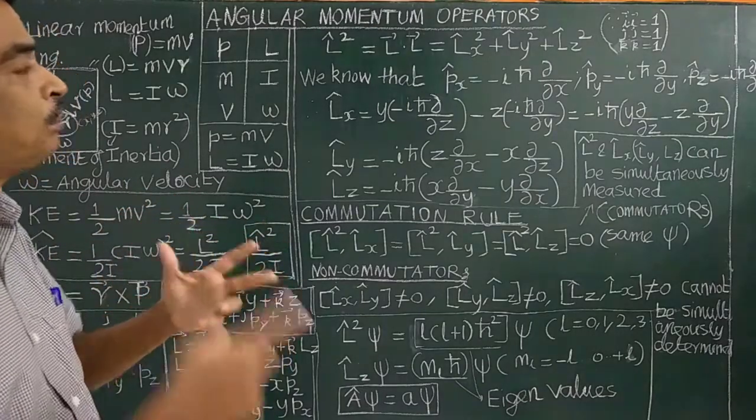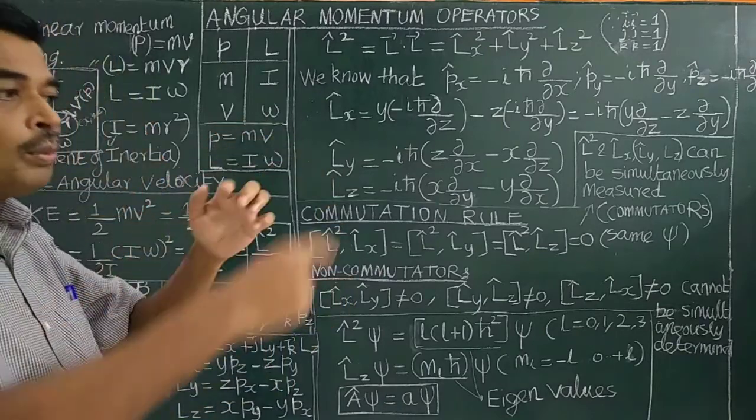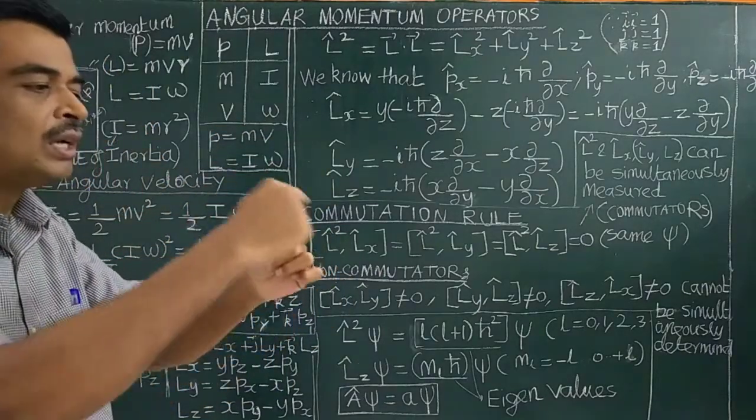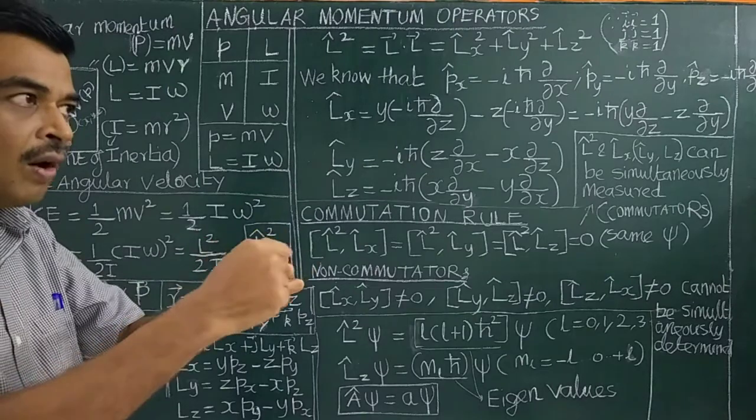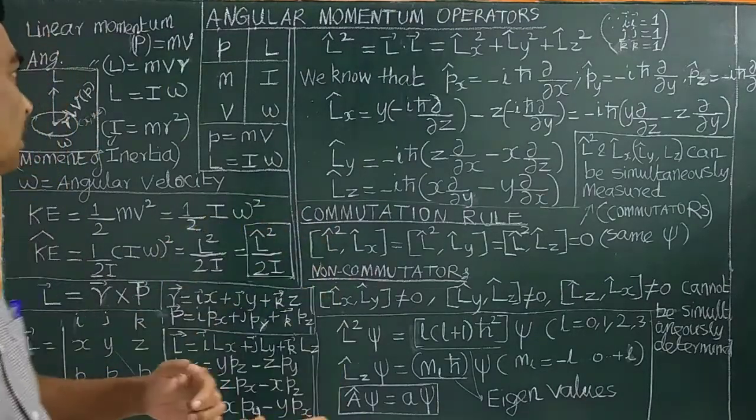The angular momenta are important. For example, an electron revolves in an orbit with radius vector r, and it gives orbital angular momentum.